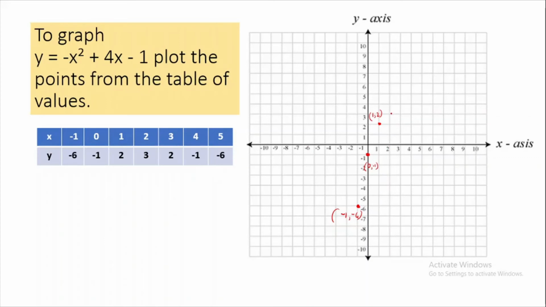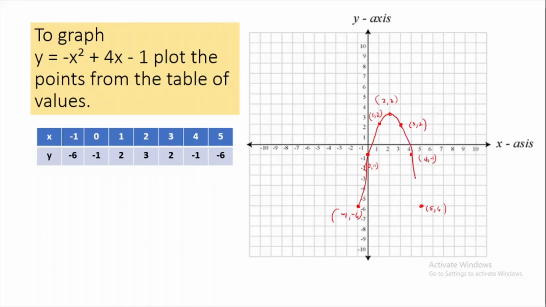This is 2, and then this is 3. And then we have 3, 2. And then 4, negative 1. And then 5, and then negative 6. Okay, and then from here, let's connect the dots to form a parabola.